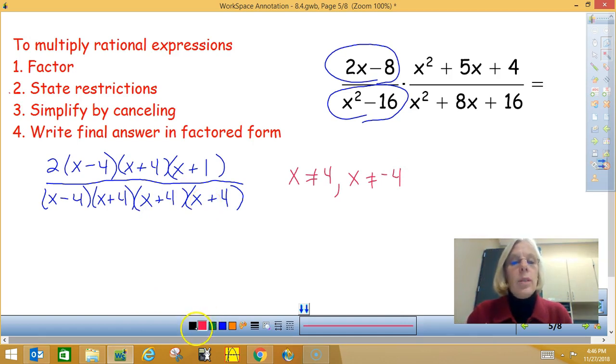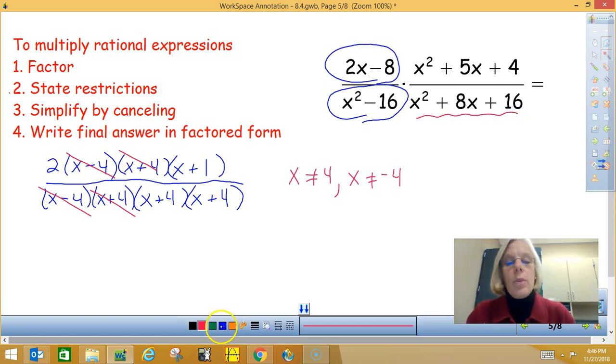Now I'm going to cancel. I have a factor of x minus 4 in the numerator and denominator that cancels. And I have a factor of x plus 4 in the numerator and denominator that cancels. So it turns out that my factors, x plus 4 times x plus 4, from the perfect square trinomial don't cancel.